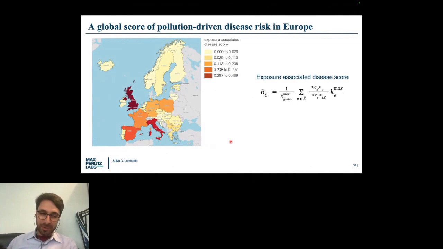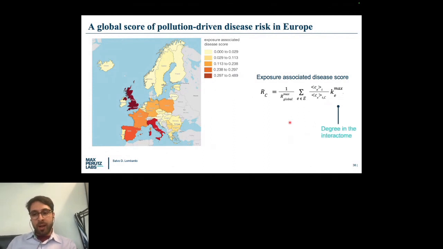What we wanted to obtain in this slide was to create a risk score globally in Europe. And this risk score would be quantified by a normalization factor that would be the highest risk score all over Europe. And then it would take into account the concentrations of the exposures that are released in each of these countries over time, summed up for each exposure.